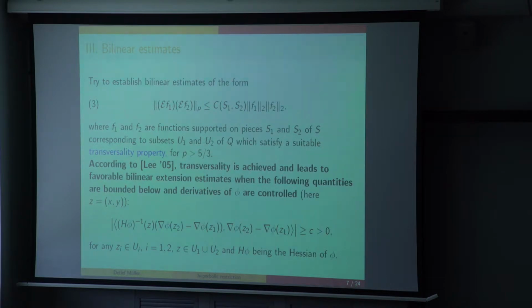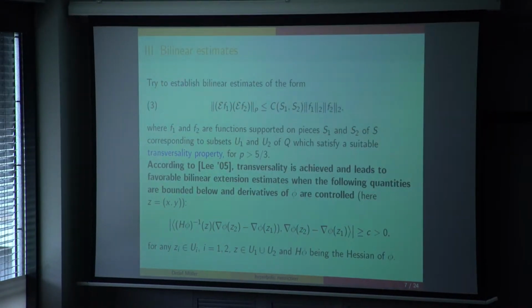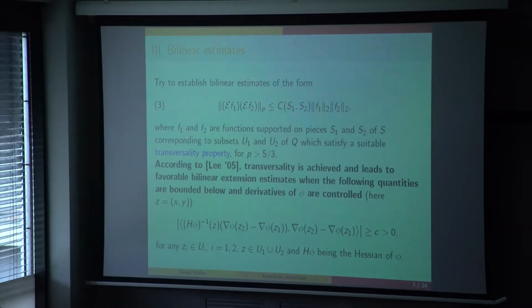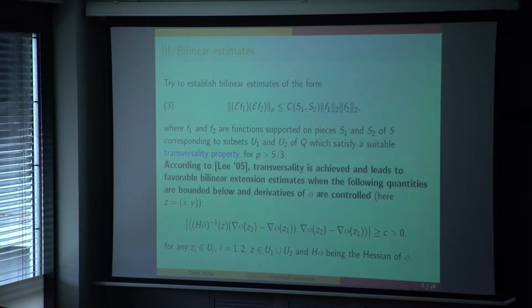A function on the surface we can always view as a function on these two coordinate patches, so f1 lives on u1 and f2 on u2. The necessary transversality condition was worked out by Sanghyuk Lee in a paper from 2005. The result by Lee also says that if you also have an upper control on derivatives of phi, then this automatically leads to good bilinear estimates.